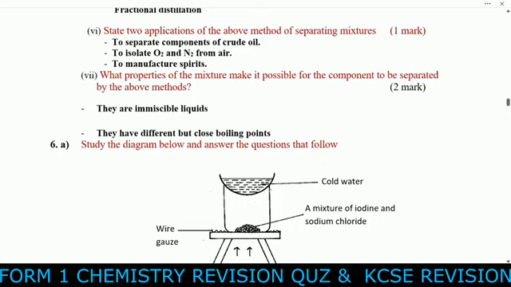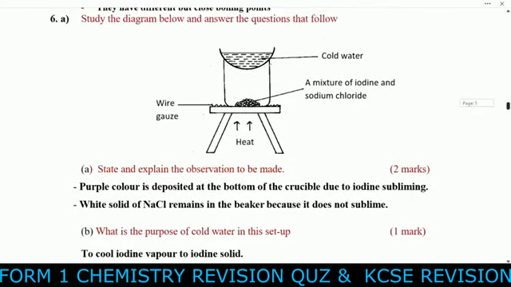Next, study the diagram below and answer the questions that follow. Number 6, we have a diagram here. We have wire gauze, then heat being applied, cold water, and a mixture of iodine and sodium chloride.